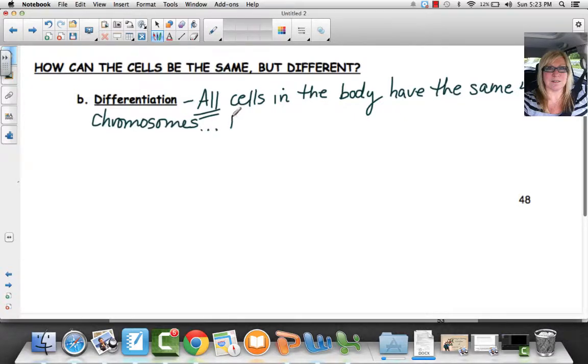But, and there's a big but, depending on where they are, they only use the genes with the information they need.